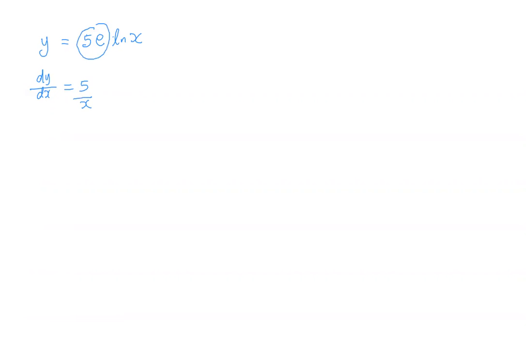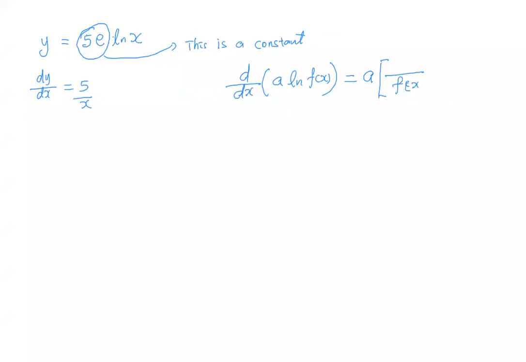If you see e without x there, this is a constant. So if you differentiate a constant times ln of a function, what is the answer? It's a constant. So Krishalini, do you think your answer is correct?